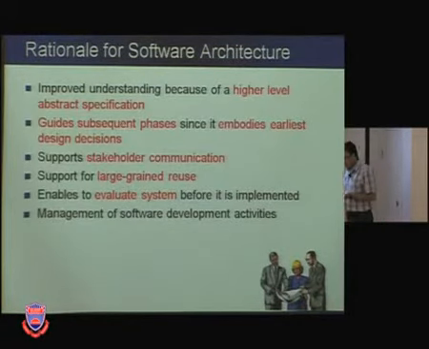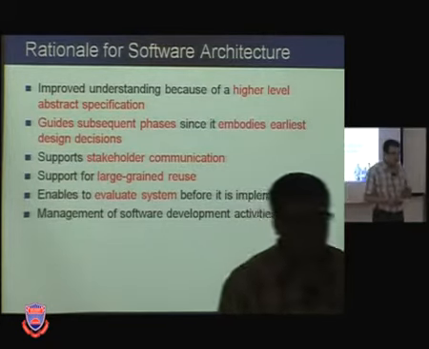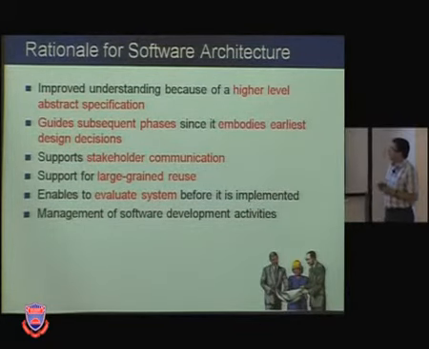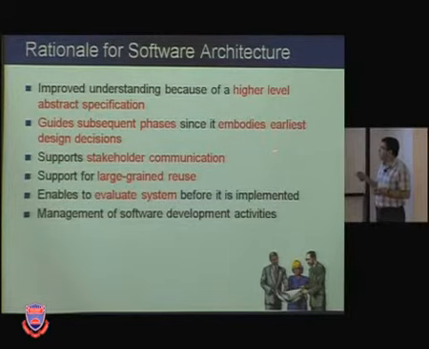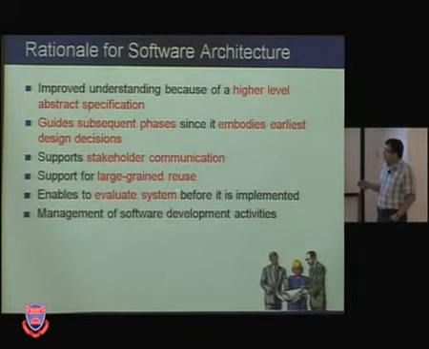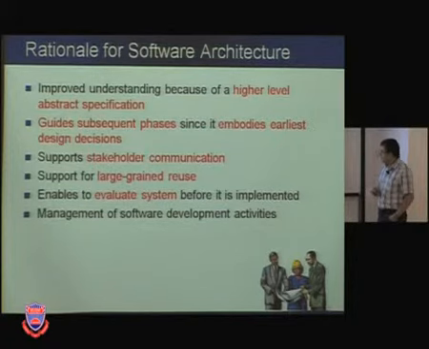Why do we design architecture? There's some rationale for it. As we have said, it provides a higher level of abstraction, embodies earliest design decisions, and provides better understandability. It supports stakeholder communication, supports large-grained reuse, enables us to evaluate the system before it's implemented, and supports management of software development activities.